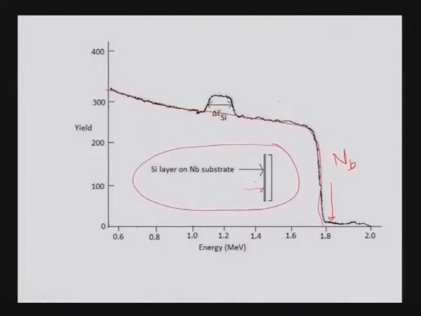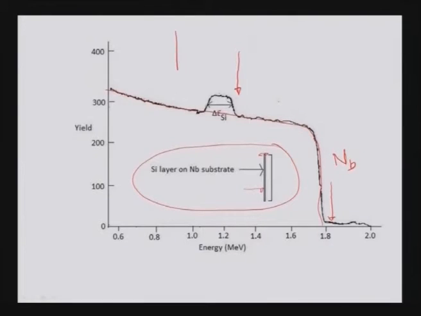So, that silicon surface will be here because of the much lower kinematical factor. The alpha particles have lower energy. So, this silicon surface starts here, and then you have only a small thickness of silicon, and therefore it will end here.